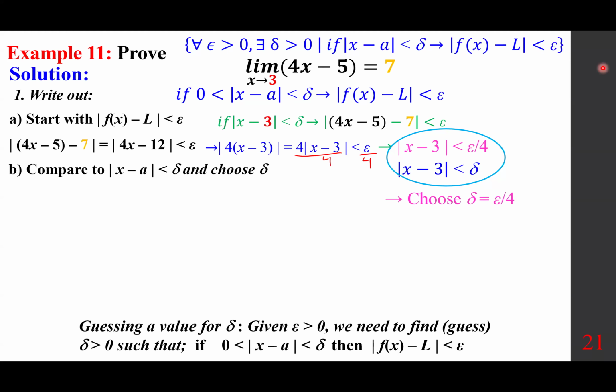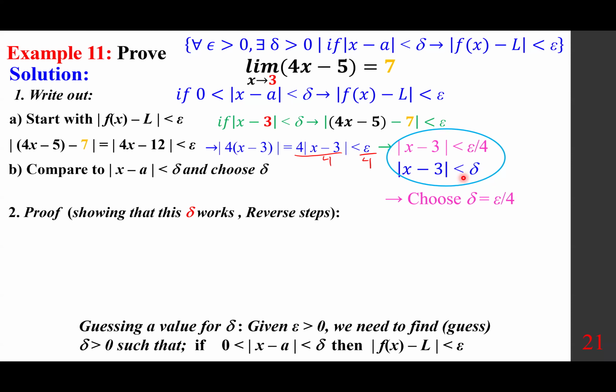Now, the proof is to work backward, showing that this delta works. Reverse this step. So this piece and this piece.